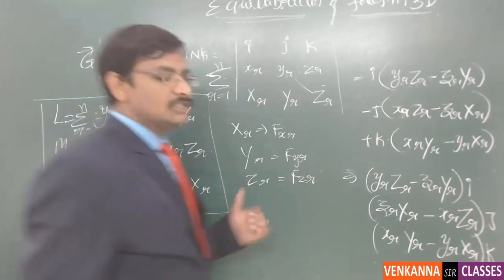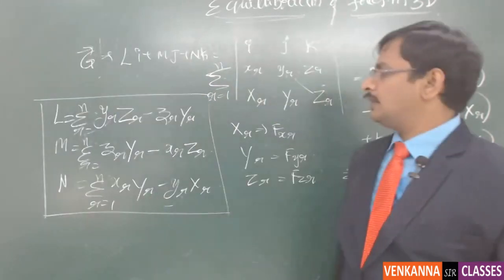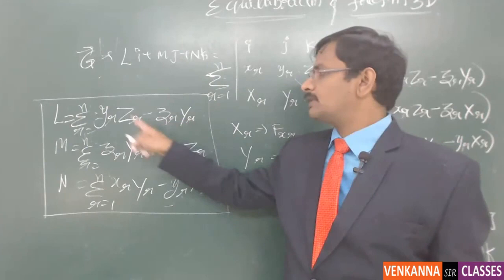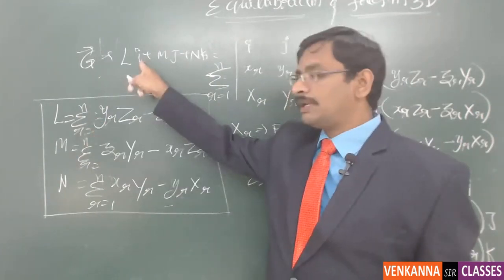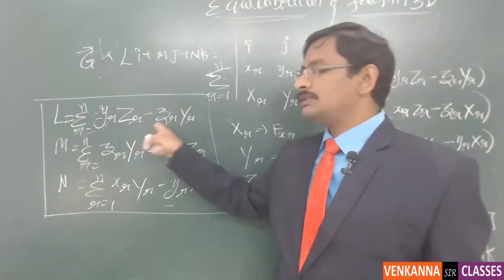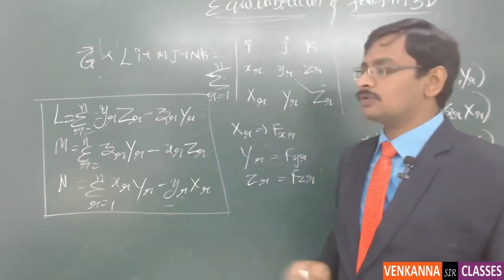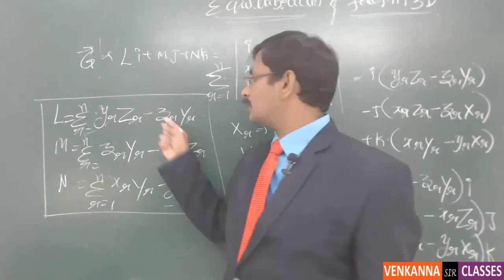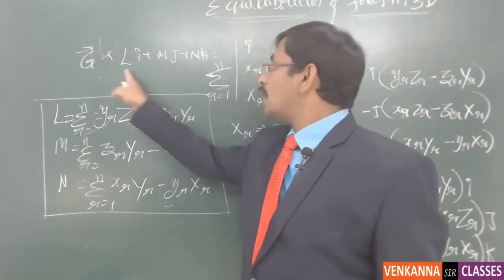So individually each moment we have calculated. Now this moment is nothing but L, whose multiplicated vector is i. So this is the rotational component of the force, or the torque component, of all the moments.